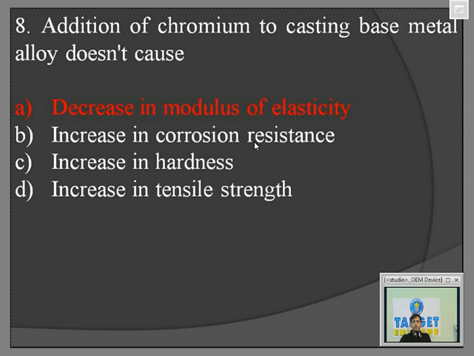So chromium forms chromium oxide, which is called passivation. It provides corrosion resistance, while it also increases hardness and tensile strength. It does not cause a decrease in modulus of elasticity, since it's causing an increase in tensile strength and hardness.